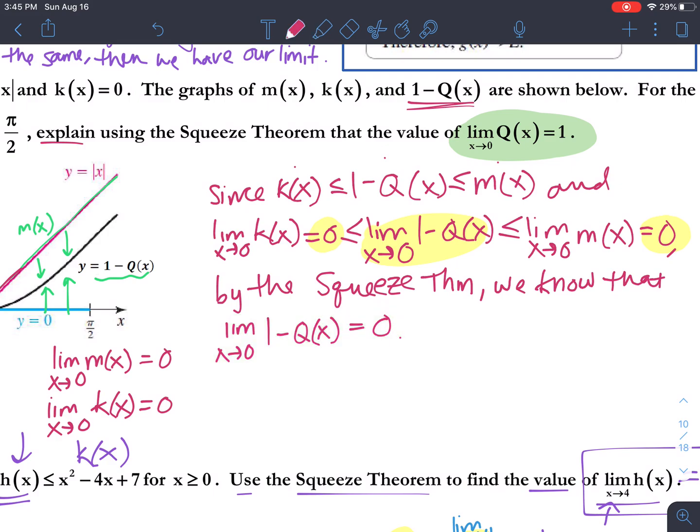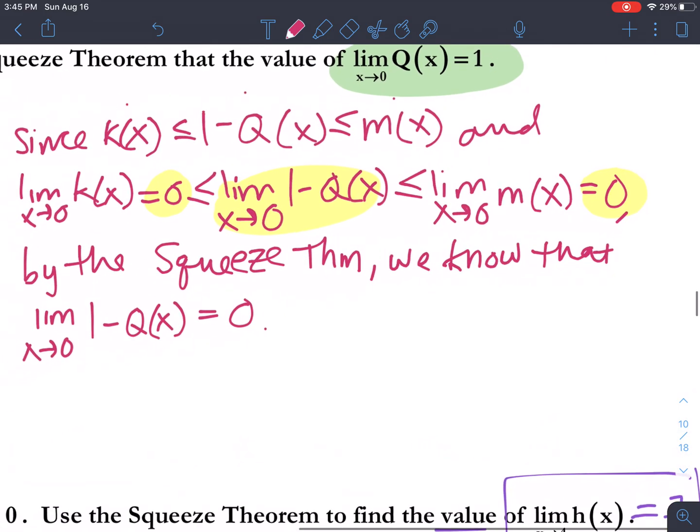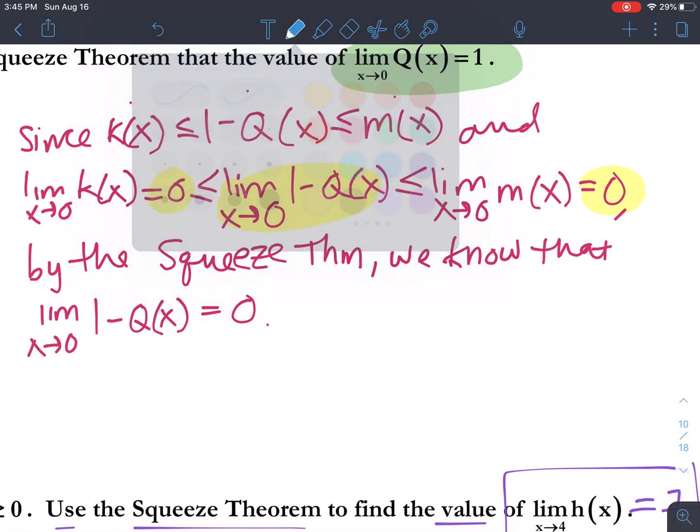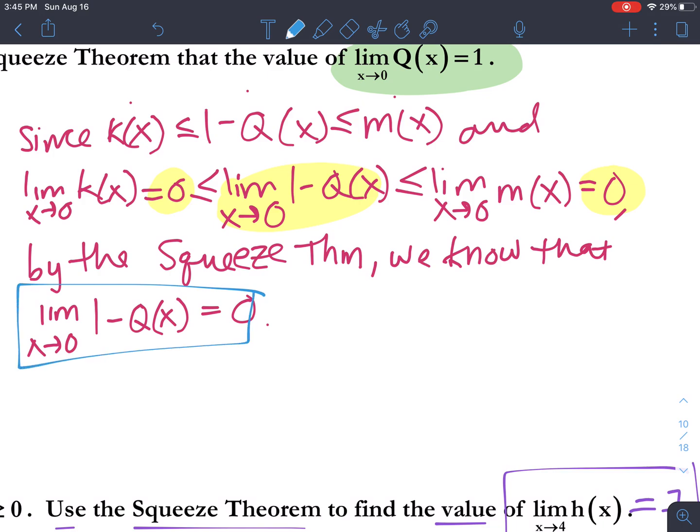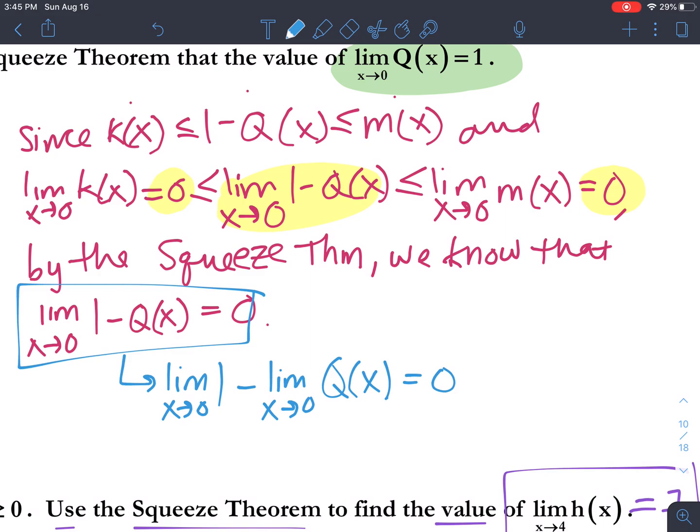1 minus 1 is 0. Let me show you here kind of how we would manipulate this. So I'll do this in blue. For our final step, how do we get this guy to say q of x is equal to 1? Remember our properties of limits, we can split this up into the limit as x approaches 0 of 1 minus the limit as x approaches 0 of q of x is equal to 0. The limit of a constant is just itself. We can add over this limit to the other side of our function.